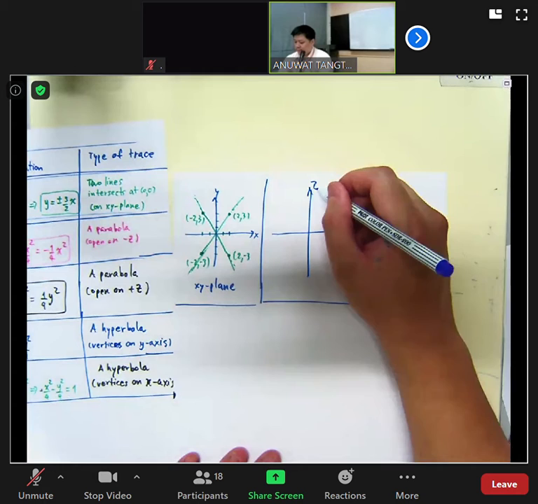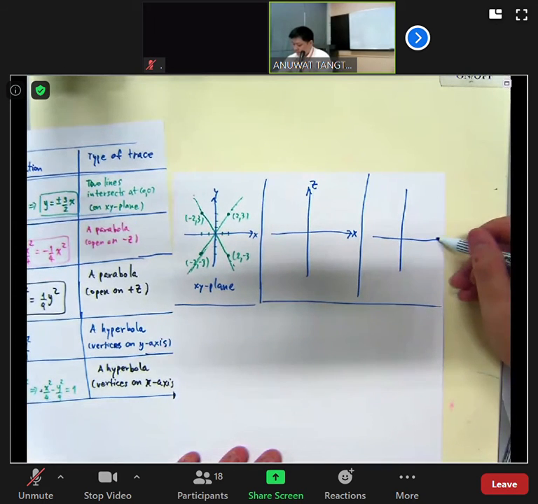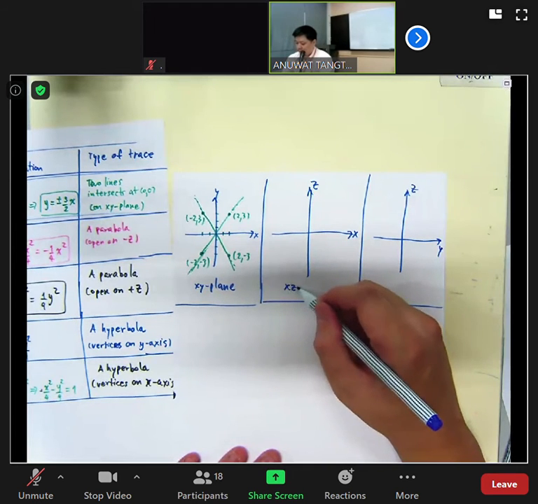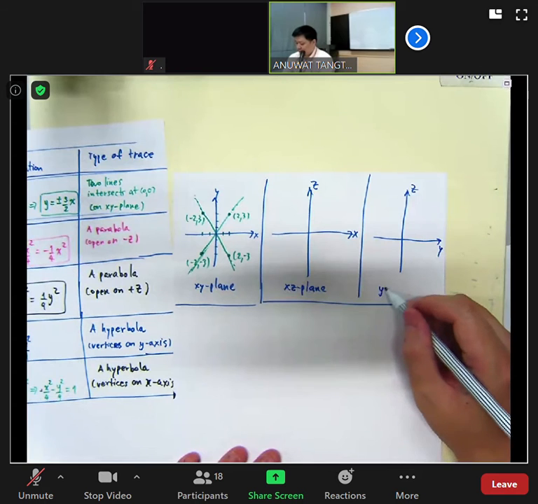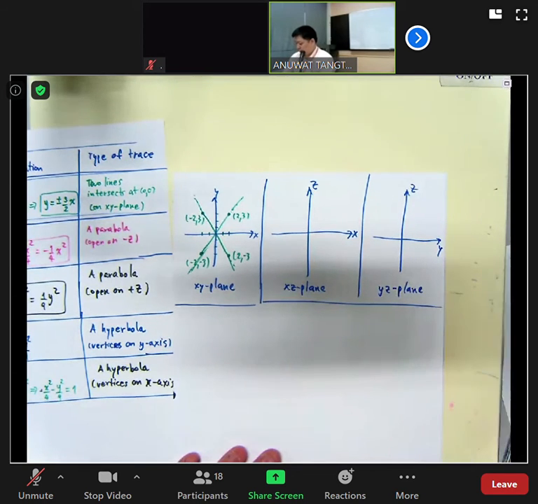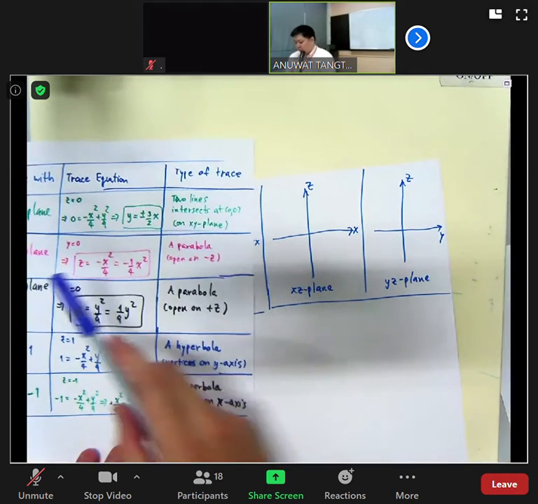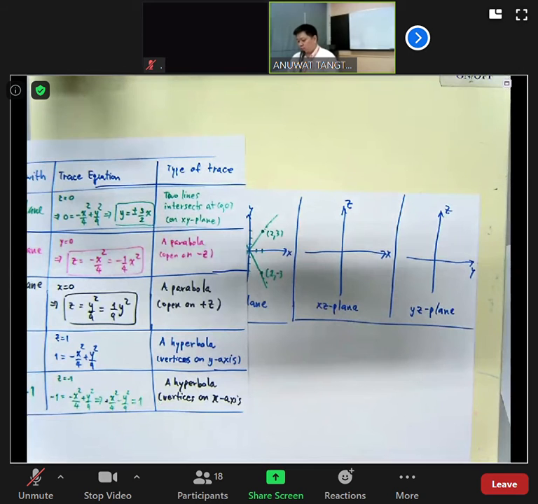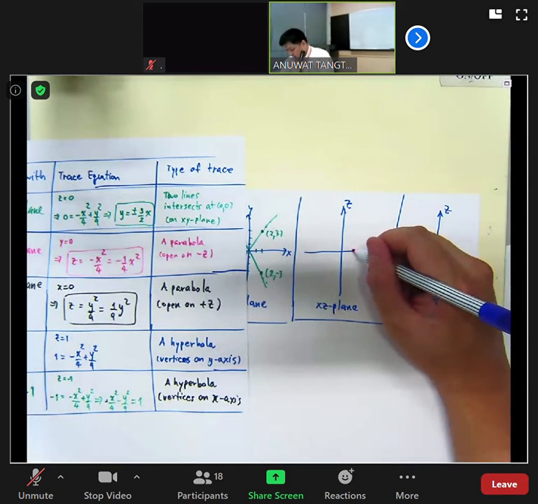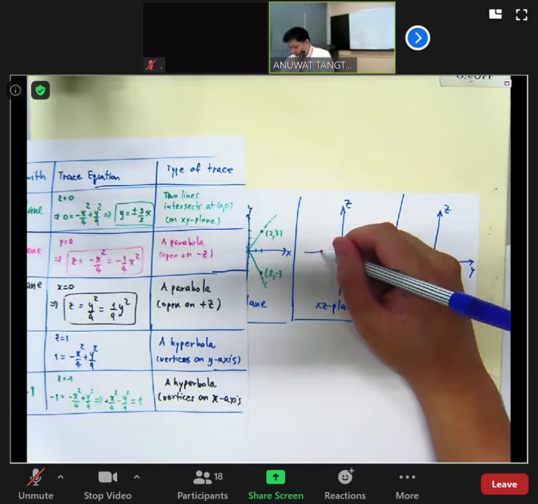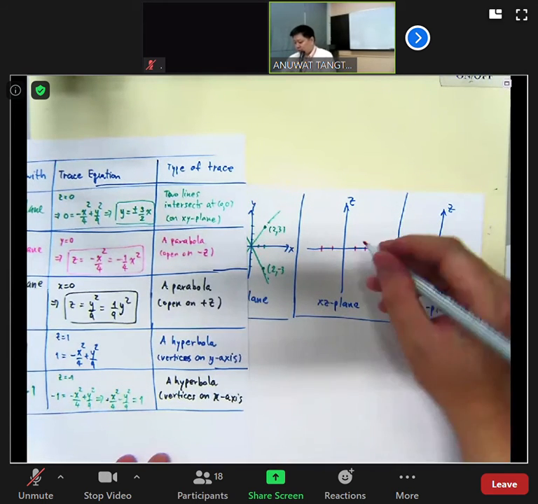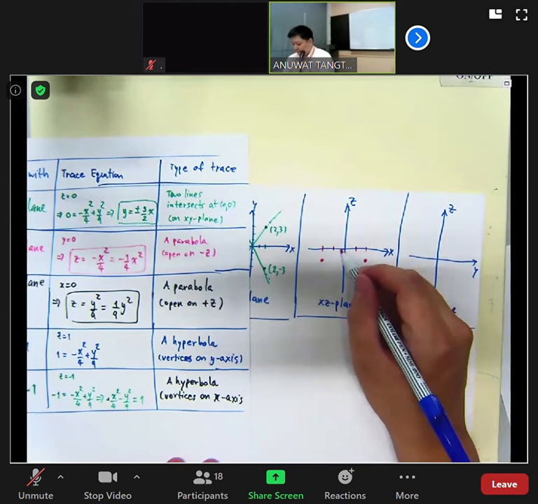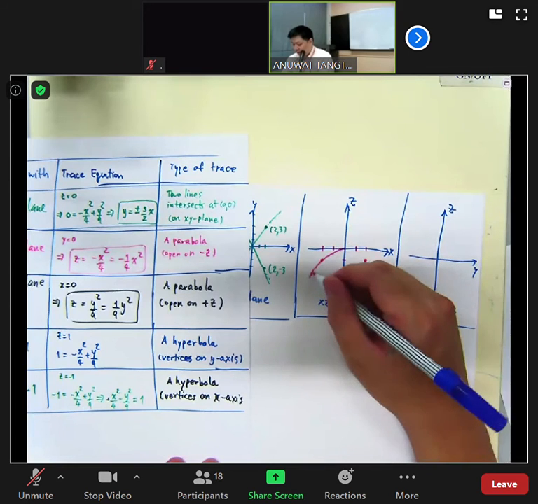This is on the xz plane, and this is on the yz plane. When we draw on the xz plane, when x equal to 2, z equal to -1, so on the xz plane, we pass through the points 2, -1, and -2, -1. So the parabola would be in this shape, open on negative z.